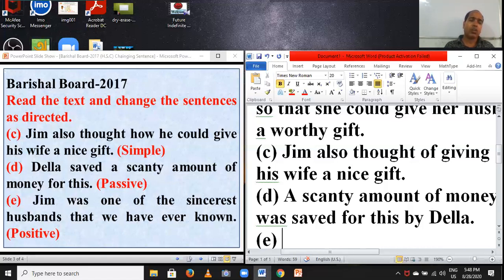Firstly, you can write very few, V-E-R-Y, F-E-W, and then you have to write the next part of this sentence after adjective 3: husbands that we have ever known.